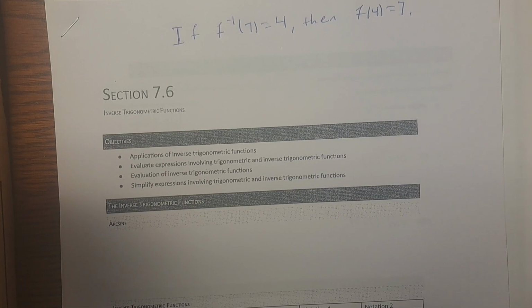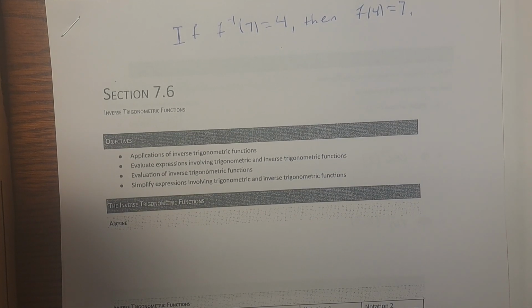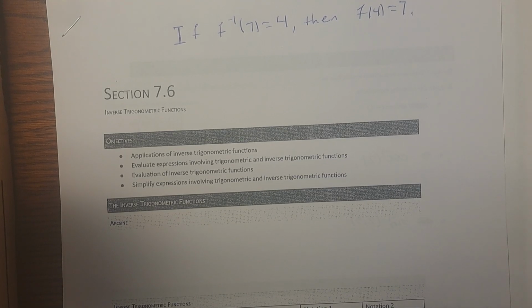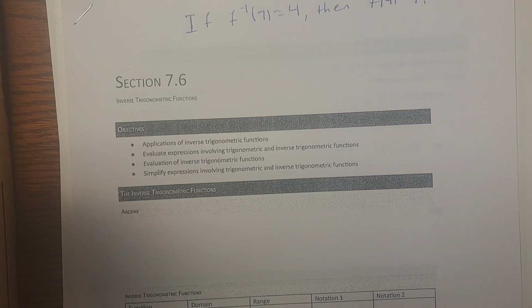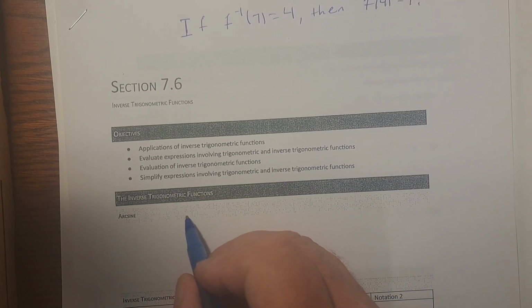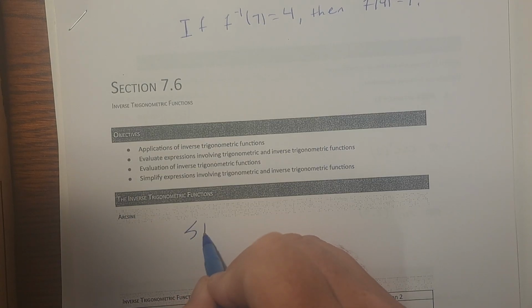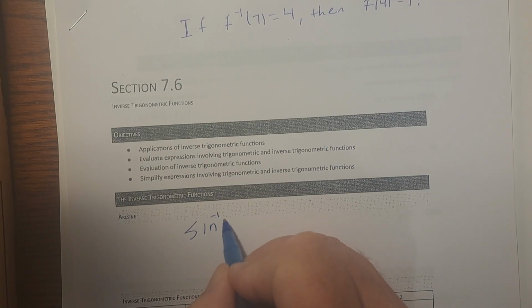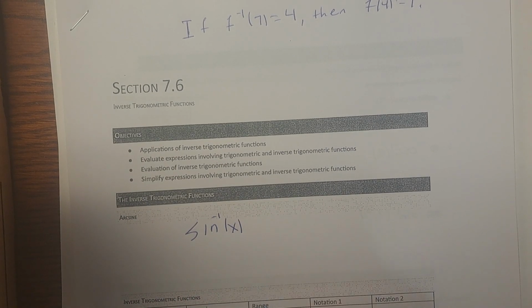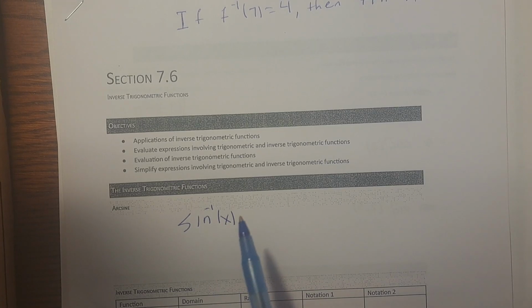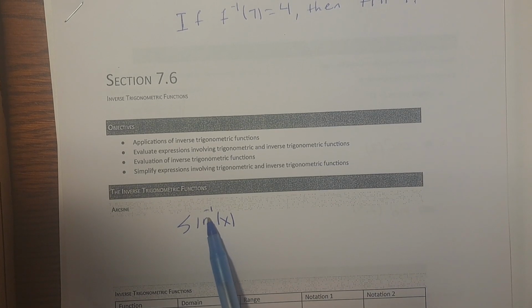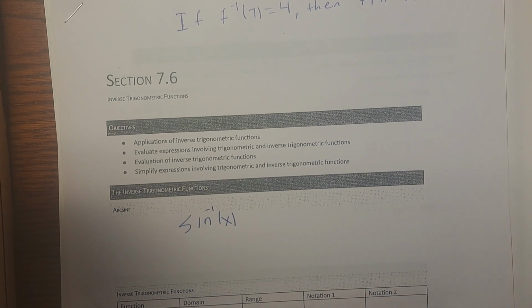There's two different names that people have for the inverse sine function. One of them is just inverse sine, and the other is arc sine, but it means the same thing. When people say inverse sine, they usually write it this way. It's really important to keep in mind that this does not mean the -1 power. This is not a reciprocal of sine.